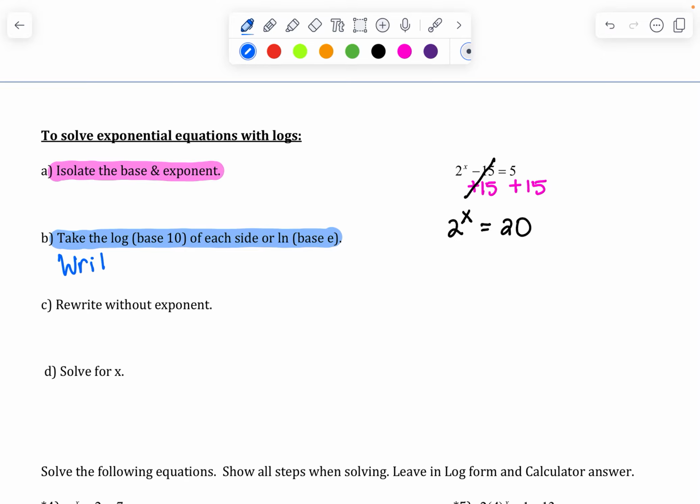Then the last thing you want to do is solve for x. To get rid of this log 2, I'm going to divide both sides by log 2. On this side over here, these cancel, and there's your x all by yourself.